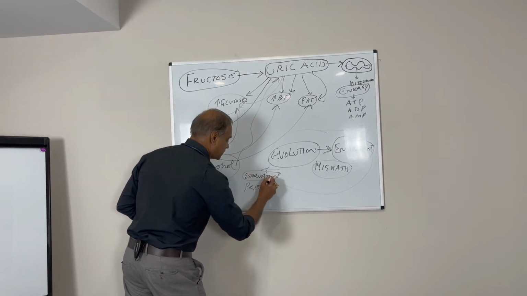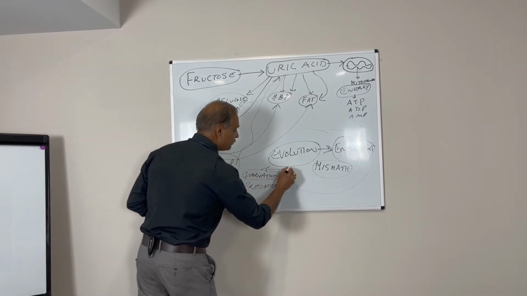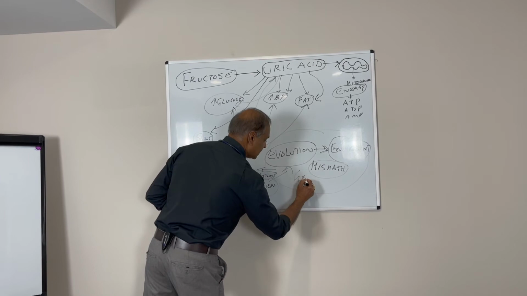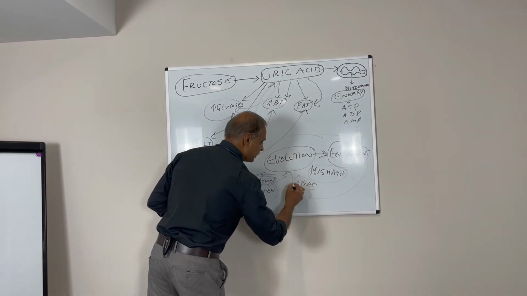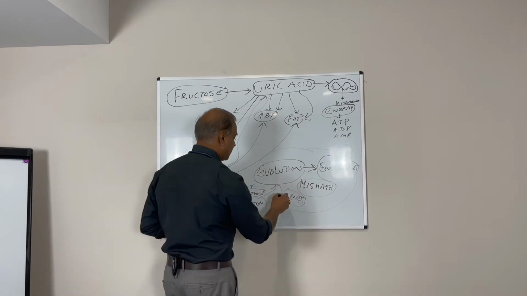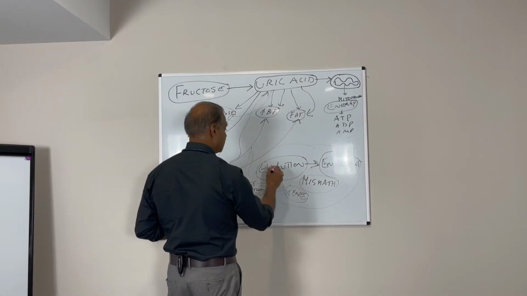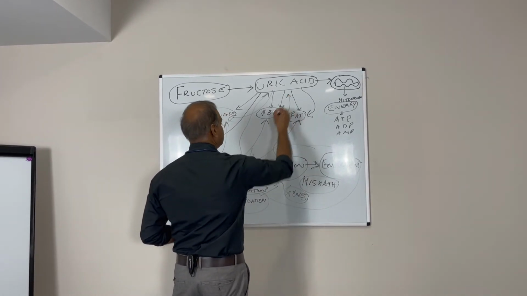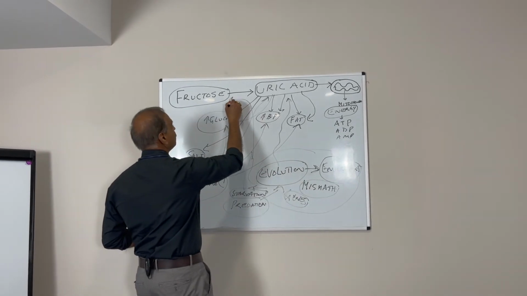These two, starvation and predation, have influenced the genes in the evolution and the changing environment, and how all this affects uric acid through fructose.